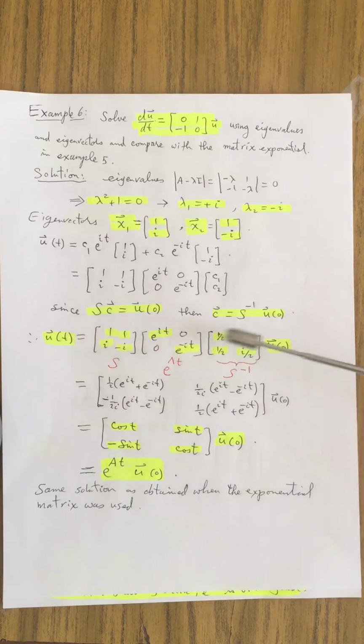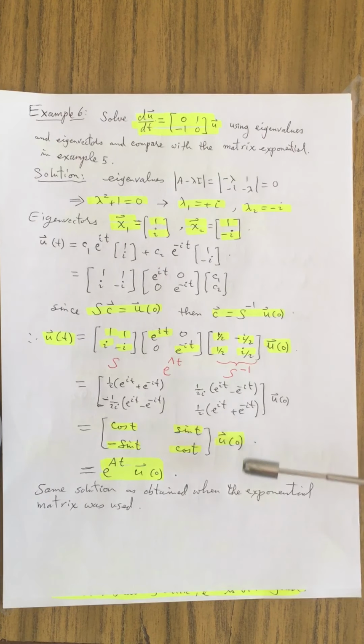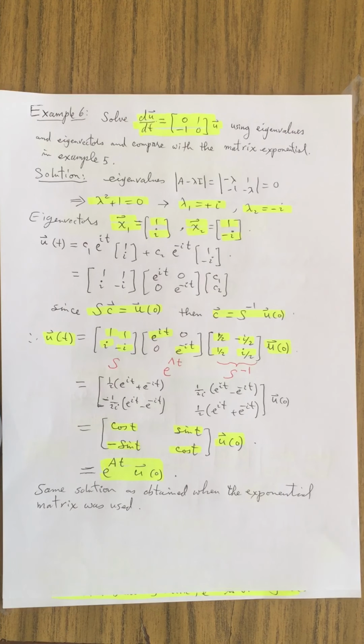And if we multiply the three matrices together, we come up with this matrix. The first term is 1/2 of e to the it plus e to the minus it, which is cosine t. The second term here would be sine t, and here we'll have minus sine t and here cosine t again. So again, we came up with the same solution which we found using the exponential matrix expansion.